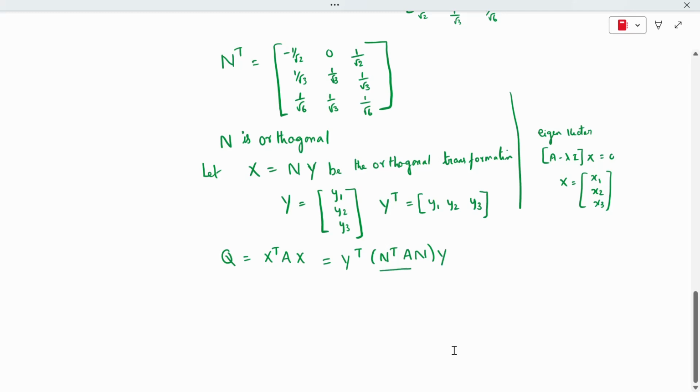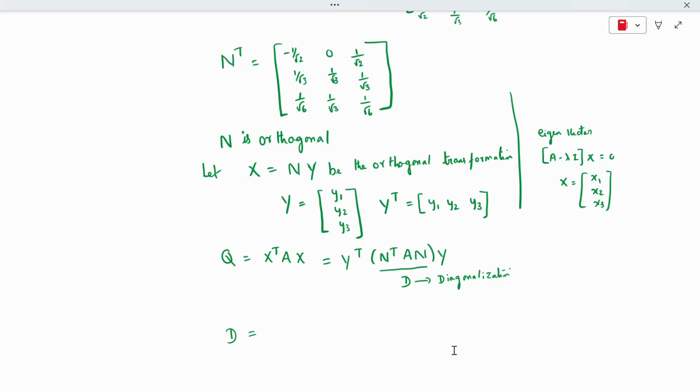This is nothing but D, diagonalization. D is nothing but diagonalization. So D I have to calculate separately. That D I can write in terms of Y, the equation. It is called the quadratic form. So that only we need to write.